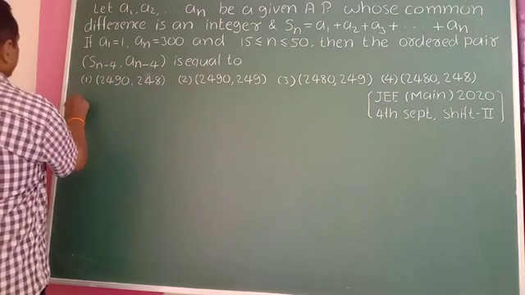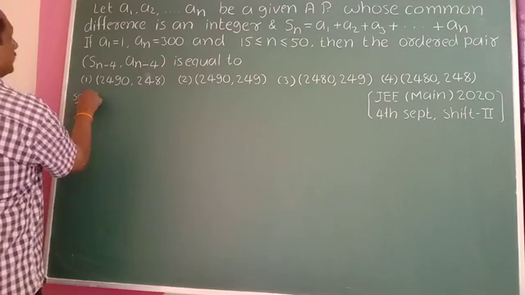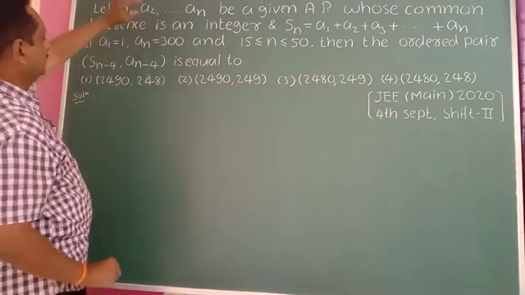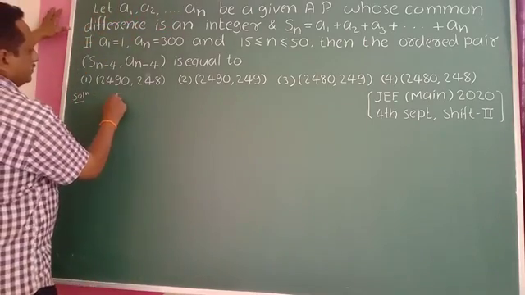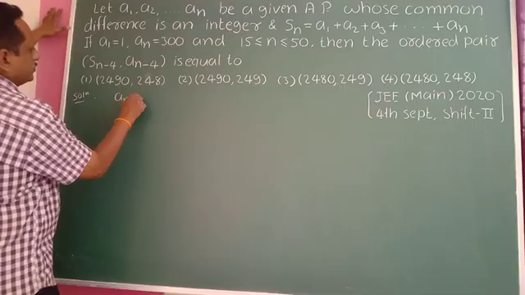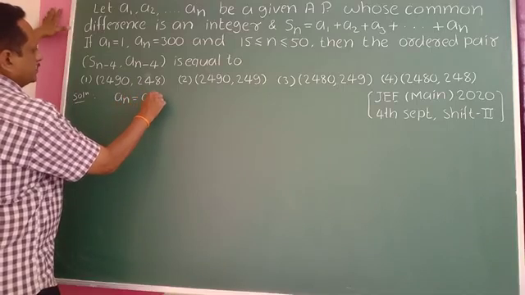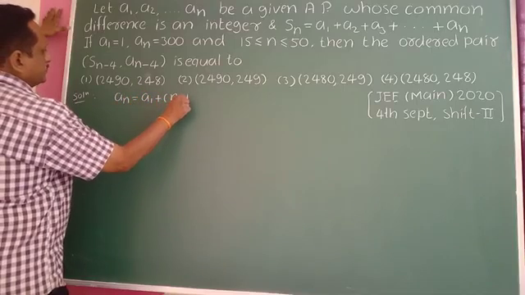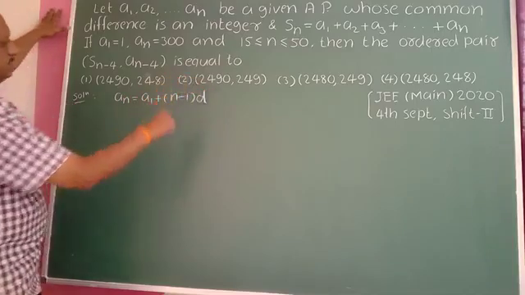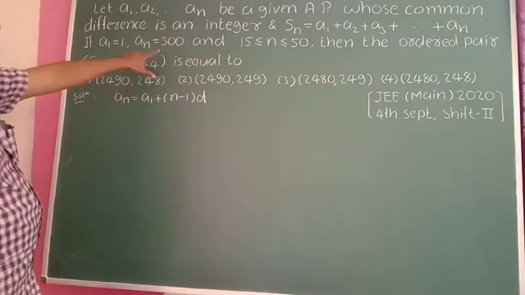Here they given these are in AP. Therefore use the formula An is equal to A1 plus (N minus 1) into D. Here An is 300, they already given here.